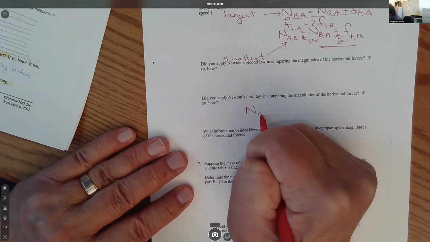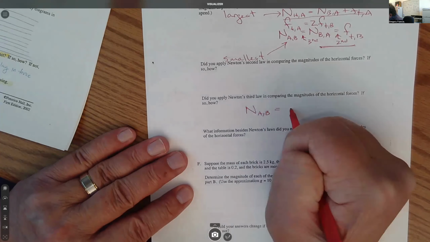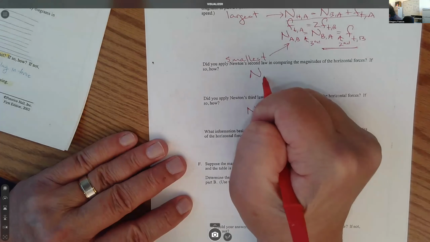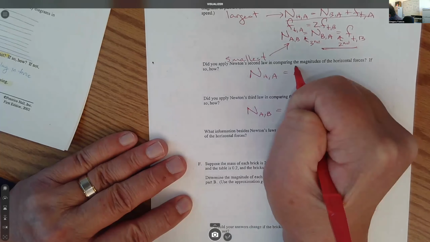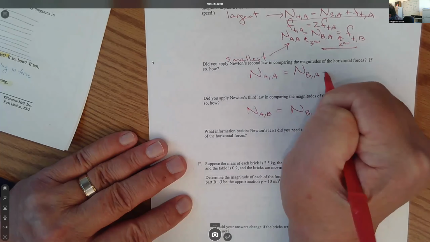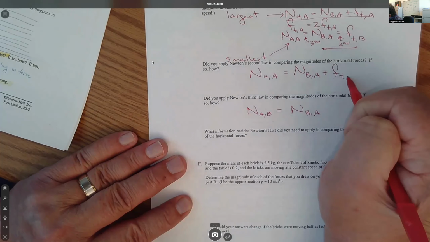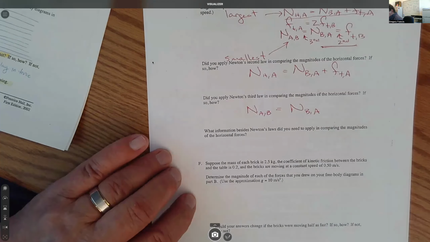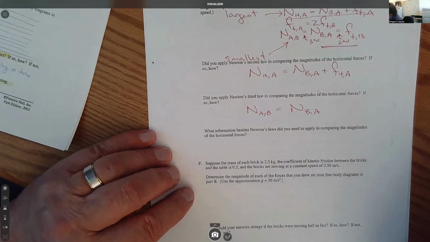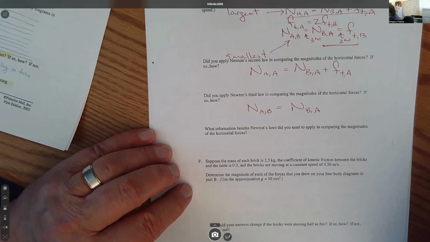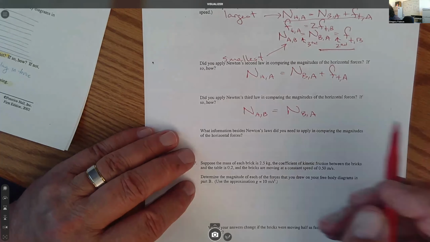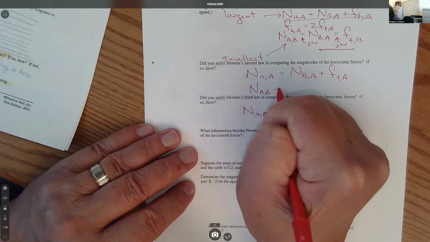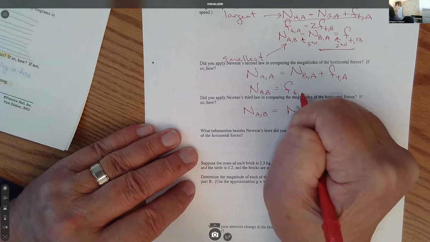Yes, we said that the normal by A on B was equal to the normal by B on A. So here we said that the normal by the hand on A was equal to the normal by B on A plus the table friction force on A. And I'm leaving the vector signs and the magnitude signs off. If I don't have a vector sign over the top, we'll accept that as a sloppy notation for the magnitude. And here we had the normal by A on B equals the friction by the table on B.